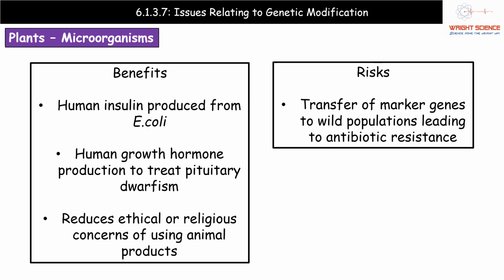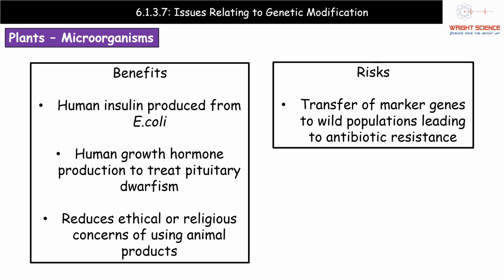We then come on to our microorganisms, and obviously we've encountered things like the human insulin being made from E. coli, and we can make human growth hormone to treat pituitary dwarfism as well through using bacteria. Now, if we're using microorganisms, one of the key benefits here, aside from the fact that we're making the human proteins, is that we're not seeing those same ethical or religious concerns of using animal products or genetically modified animals in any way.